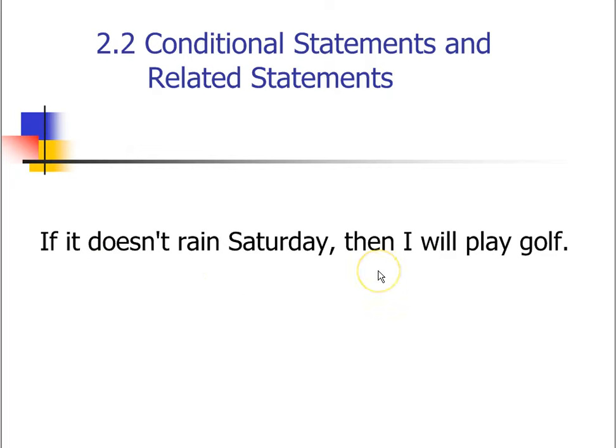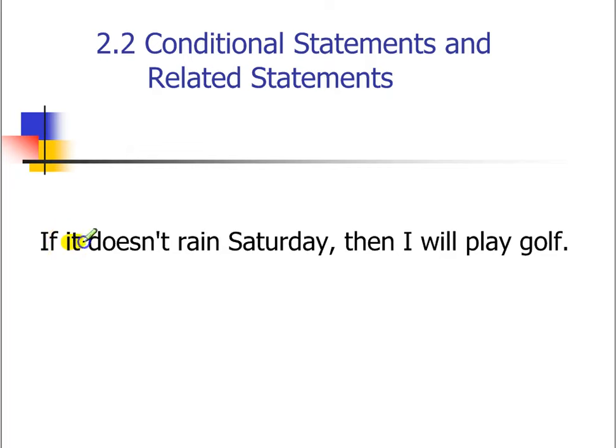You don't see the word then, and the positions are switched, but the condition part would still be whether or not it rains. And then the action that will happen will depend on what happens with the rain. So the condition part is the rain, and then the action is playing golf. And there's a phrase for each of those.